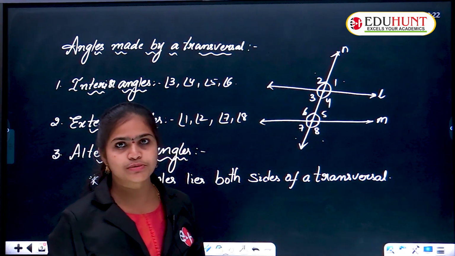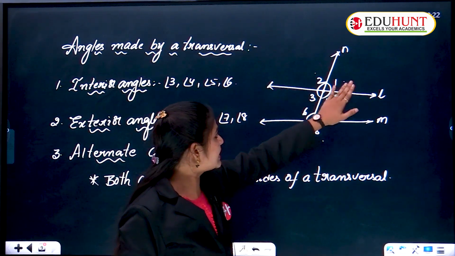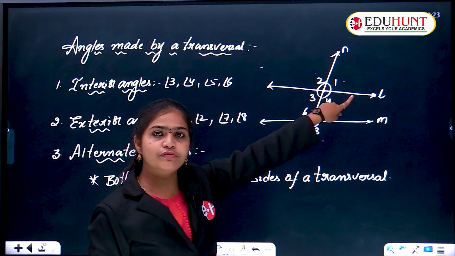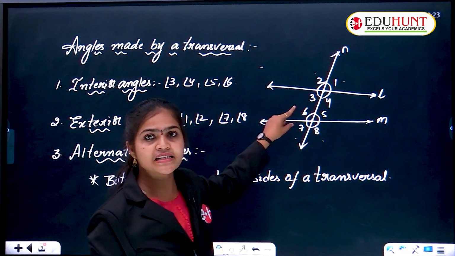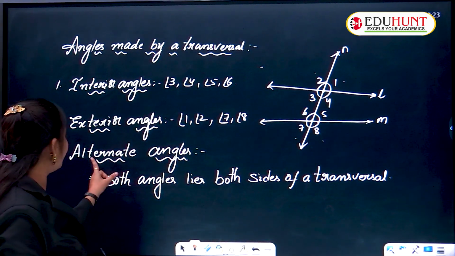Here n is a transversal, no? Two angles lie on both sides, which means one angle is on the right side of the transversal and another angle is on the left side of the transversal. Understood? Now see what the properties of alternate angles are.